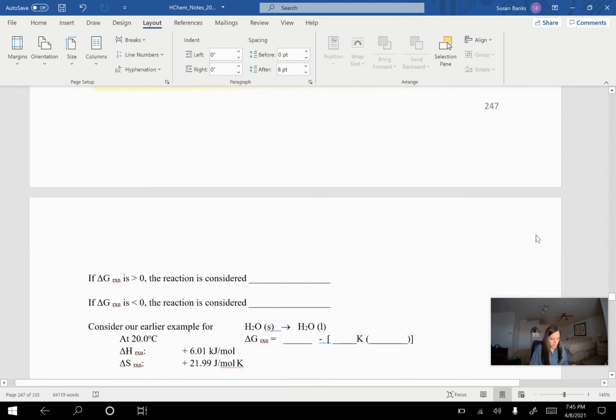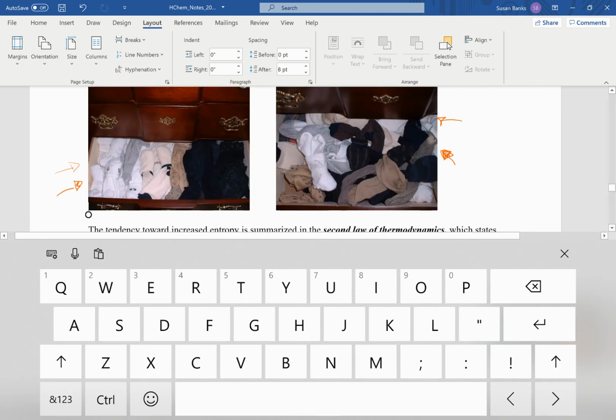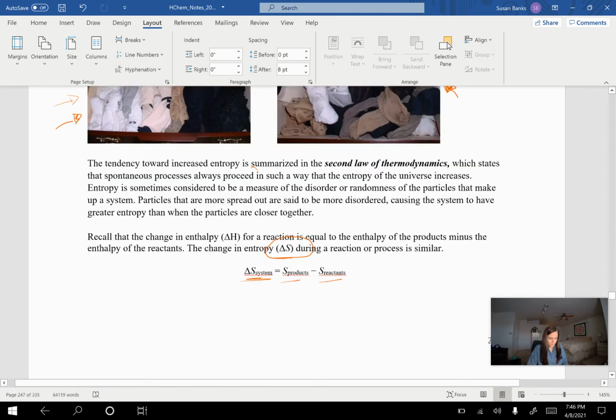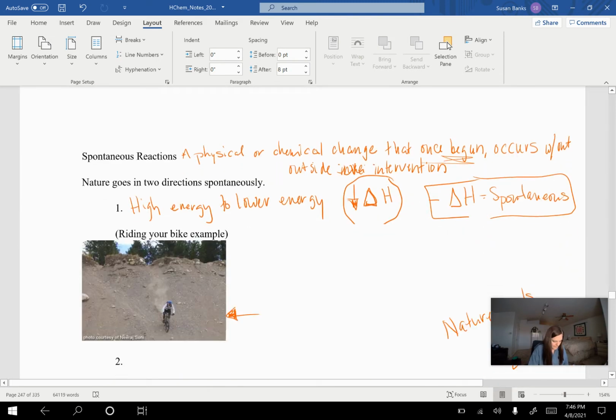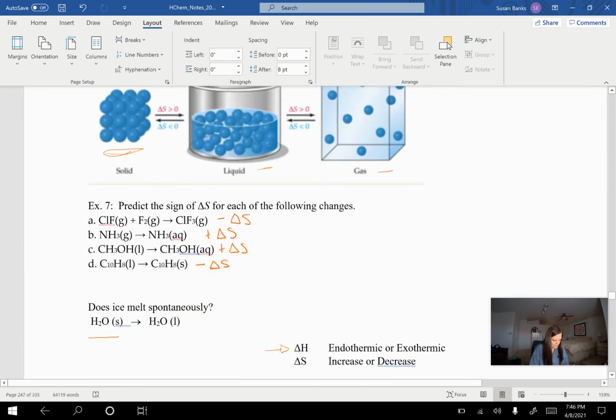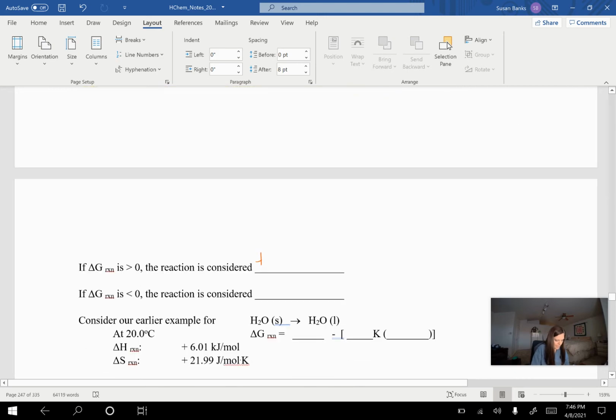Okay? So here we go. Let's talk about our values of delta G, or Gibbs free energy. If our value for delta G is greater than 0, meaning it is a positive number, that means that the reaction will be non-spontaneous.